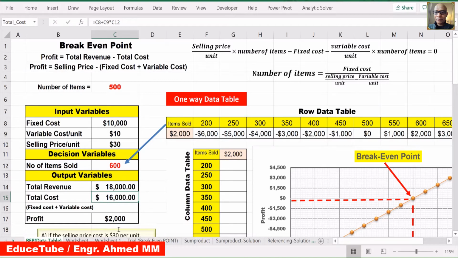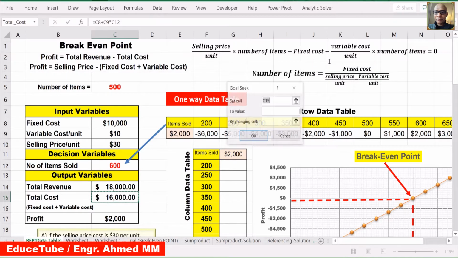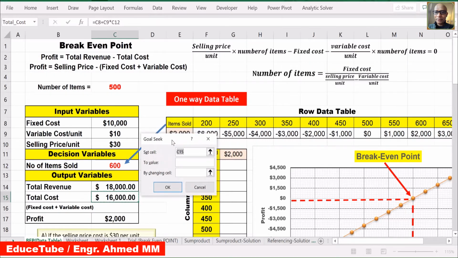First, I can see here 2000. So let's bring the goal seek to see, if I consider profit 0, how much it comes to. So click Data and bring Goal Seek. So I brought Goal Seek here.